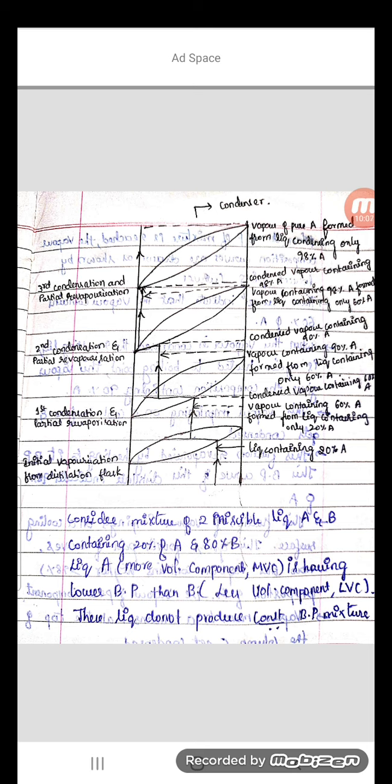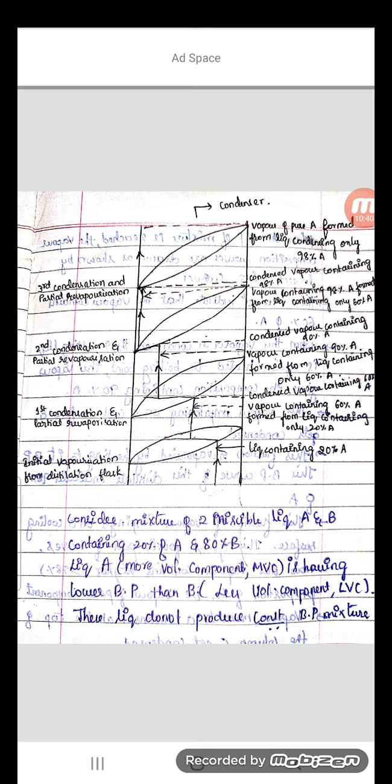When the boiling point of the mixture is reached, the vapor composition curves are drawn showing the lowest pair of the curves. First, liquid containing 20% of A, initial vaporization from the distillation flask. You can see here, initially the liquid A starts to turn into vapors. This will move, after again giving steam, to the next fractionating line in the column. So here is first condensation and partial revaporization.